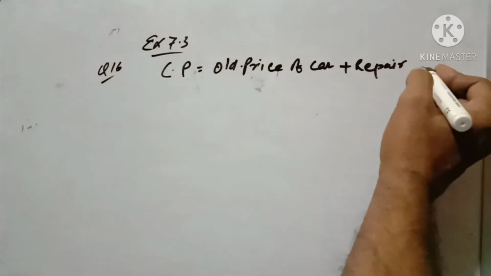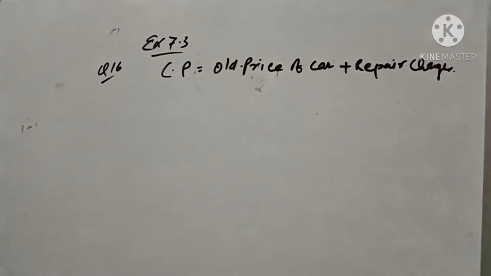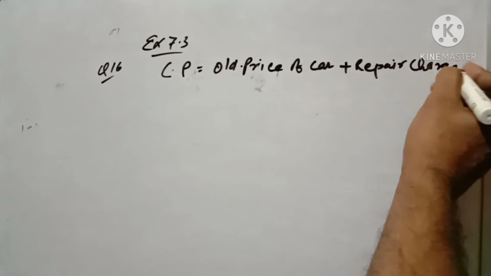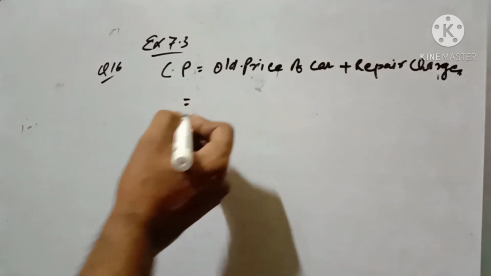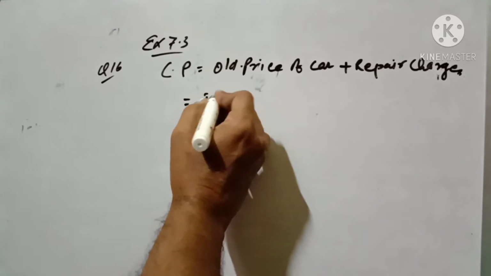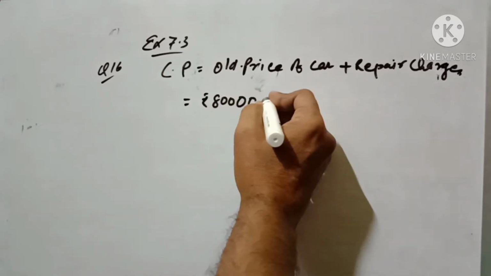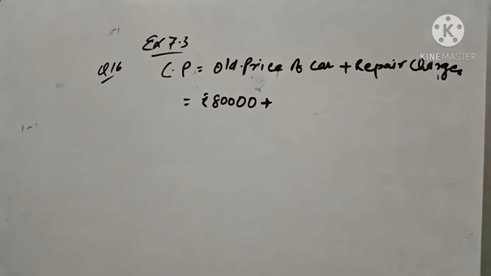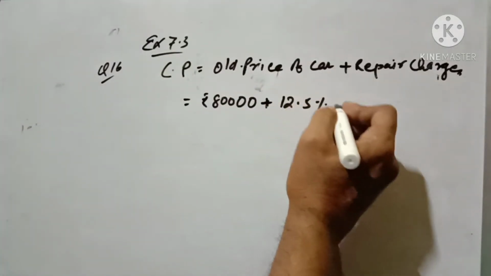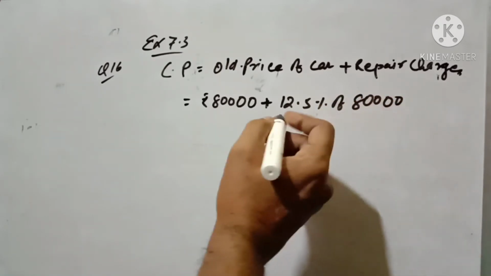So the old price of the car is given, 80,000 rupees, and the repairing charges are given as 12.5% of 80,000.